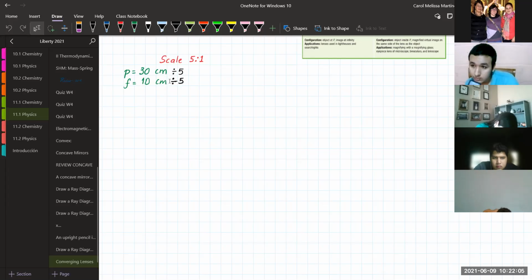So 30 divided by 5 is going to give us 6 centimeters measured with a ruler, and 10 divided by 5 is going to give us 2 centimeters measured with a ruler. Okay? So the first thing that I need to do is my axis. Okay? The axis where my object is going to be placed.